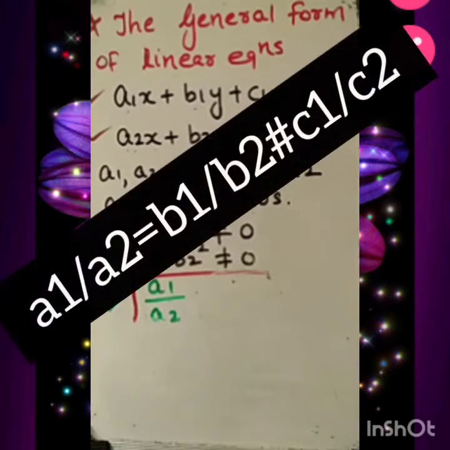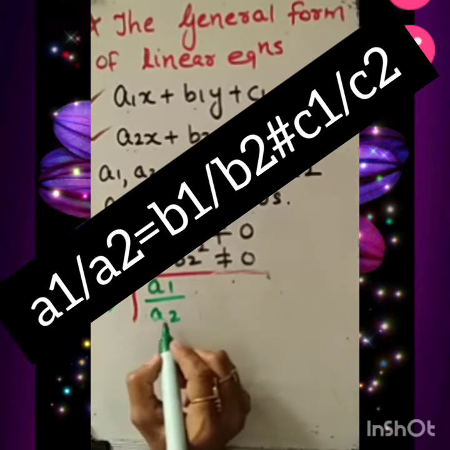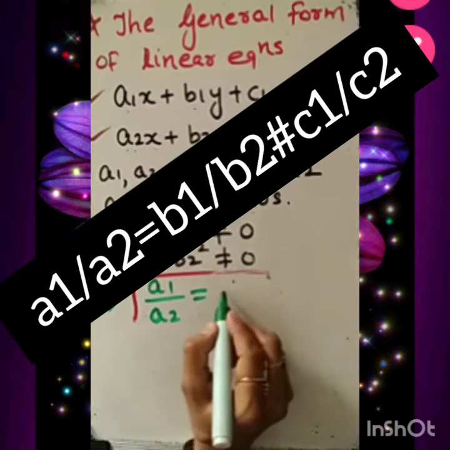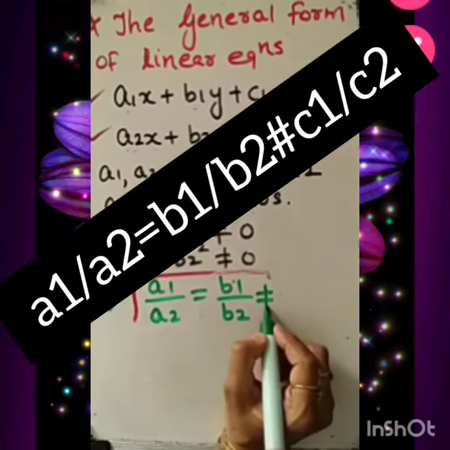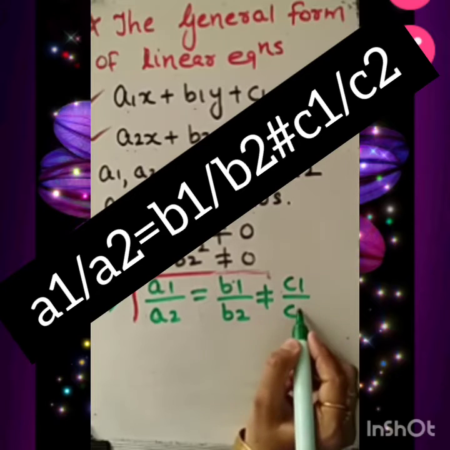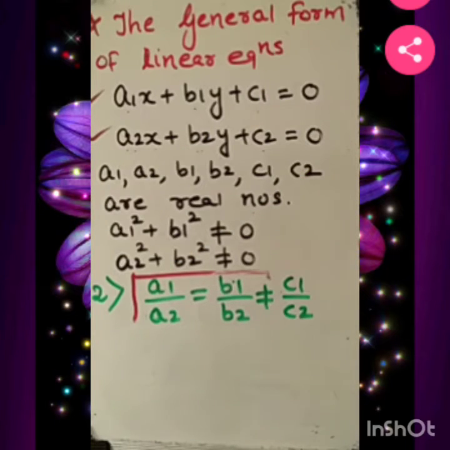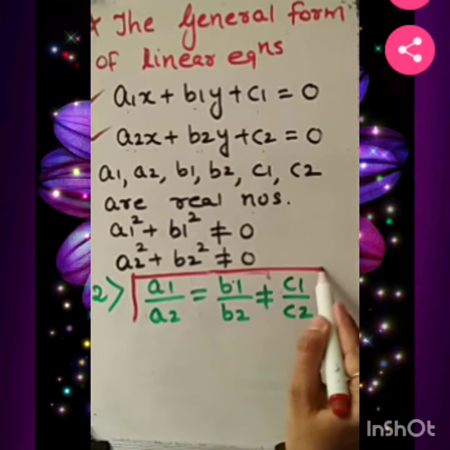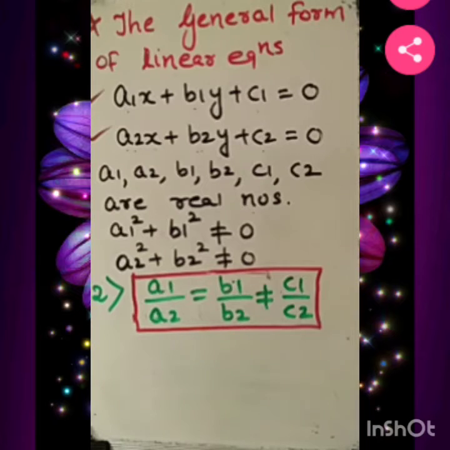The condition says 2-number condition. I am changing: a1 by a2 equal to b1 by b2 not equal to c1 by c2. Suppose these conditions arise, okay? In such a case, what can be the expected results about the lines of the linear equation?